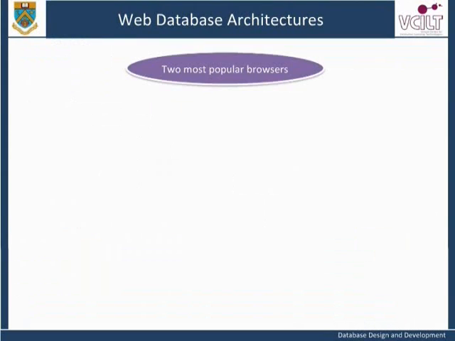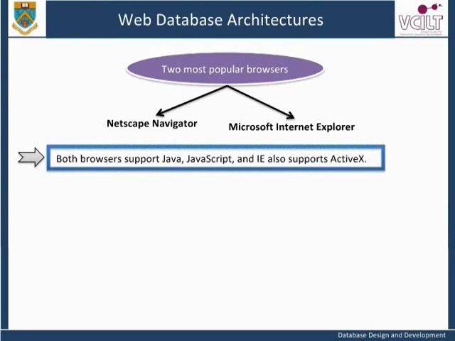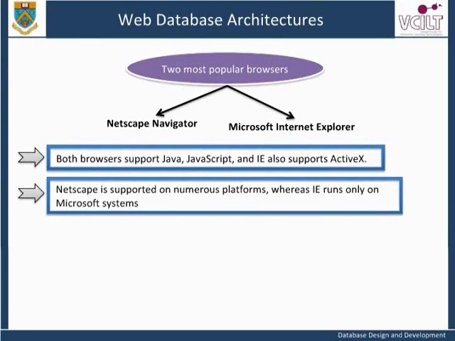The 2 most popular browsers at the present are Netscape Navigator, Netscape for short, and Microsoft Internet Explorer, IE. They have their own advantages and disadvantages with respect to web database applications. Both browsers support Java and JavaScript, and IE also supports ActiveX. Netscape is supported on numerous platforms, whereas IE runs only on Microsoft systems, for example, Windows 98 and NT.